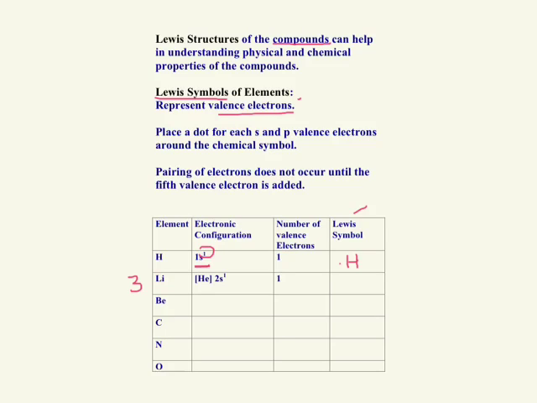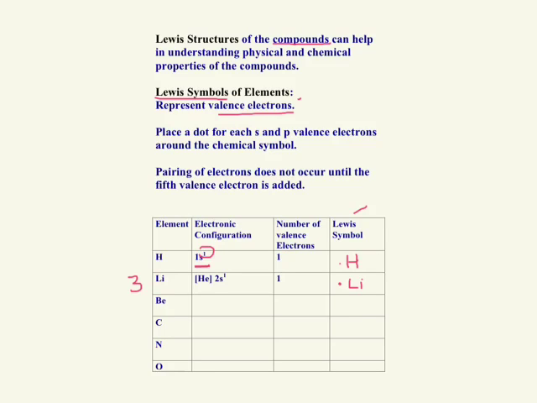Atomic number 3 means 3 electrons, and we're going to write down these electronic configurations in terms of noble gas. So 3 electrons means helium 2s1. So again, how many electrons are in the outermost shell? 1. So what will be the Lewis symbol? This.